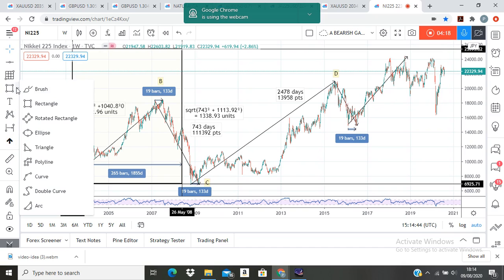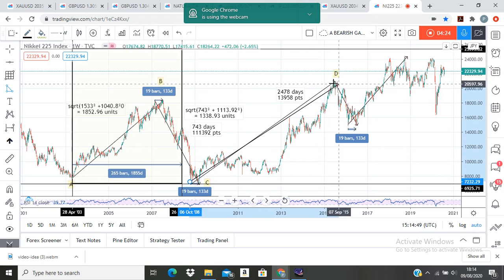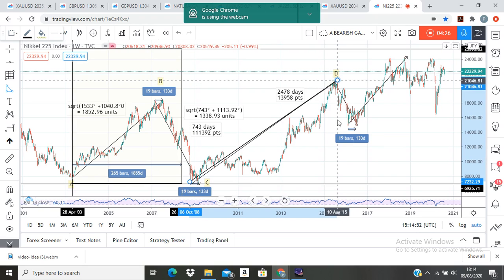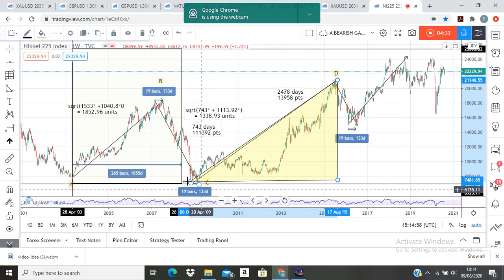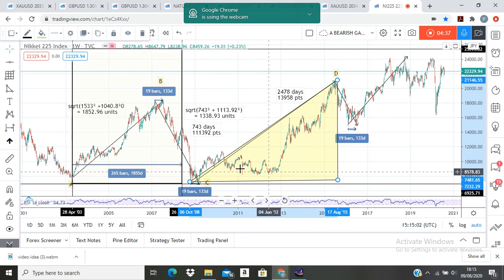So again we draw our right-angled triangle with the overlap, and we are going to find this diagonal here.